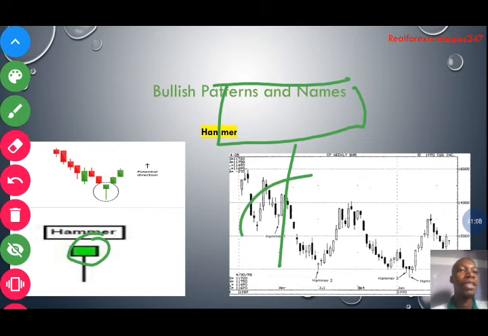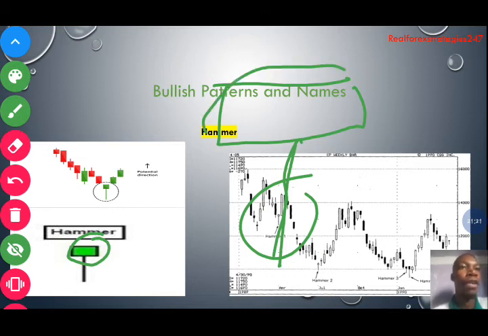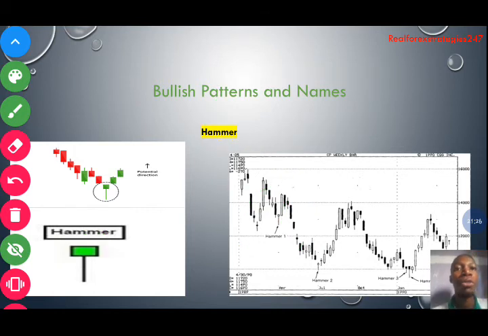And this tail, which is the wick, the shadow of the candlestick, looks like the handle of the head of the hammer. So that is why it is called hammer. Just so simple to recognize on a chart.